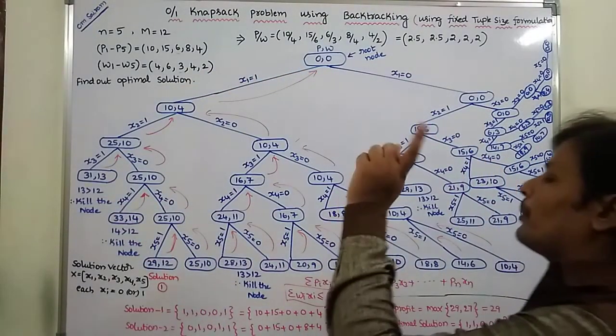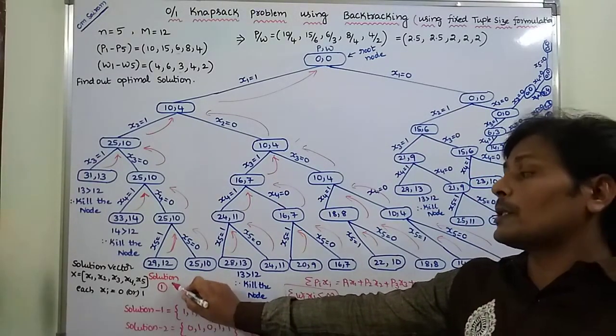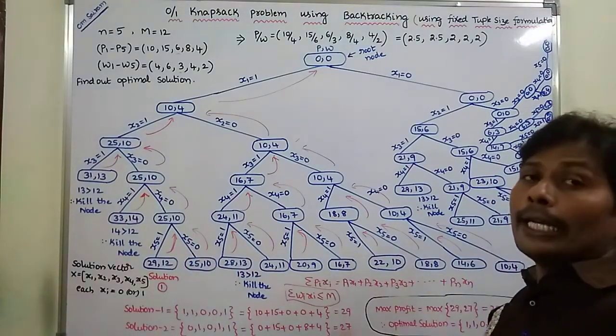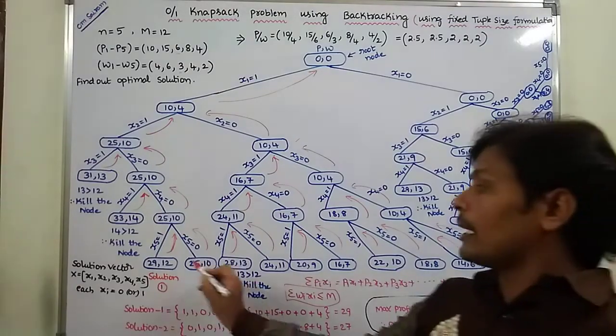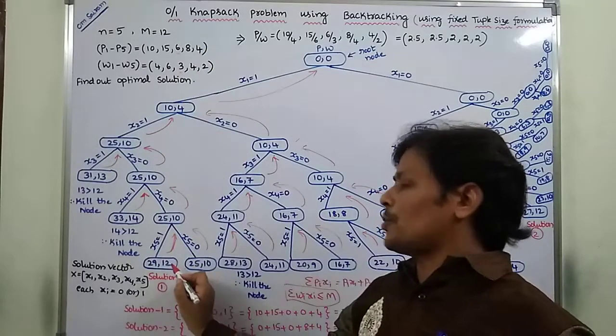So in the left subtree only one solution we are getting. This is the solution. The sum of the weights of the objects is less than or equal to the capacity of the knapsack. Here the capacity of the knapsack is 12, so 12 is equal to 12.